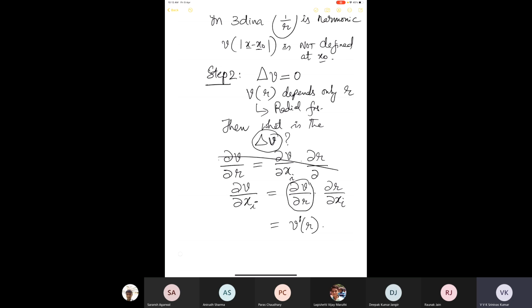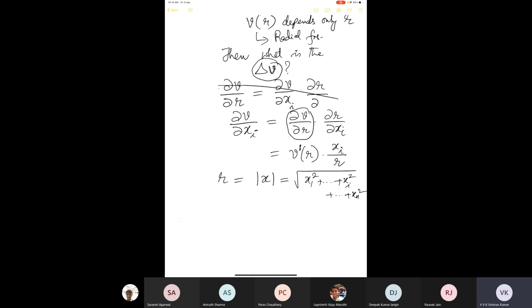What is del r upon del xi? It is xi upon r. Yesterday we saw that r is mod x, which is the square root of x1 square plus x2 square plus up to xn square.